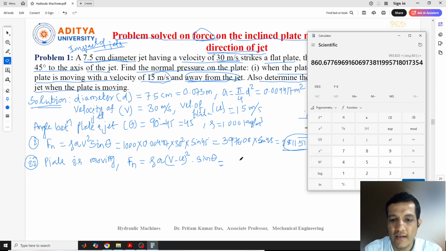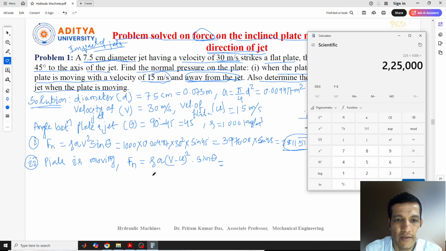So let's check it again. 15 into 15, 225, correct. And let me multiply 1000 and multiply this area equal to how much?